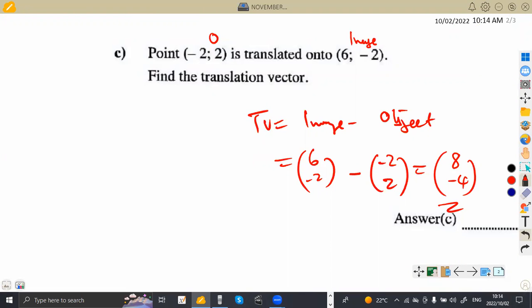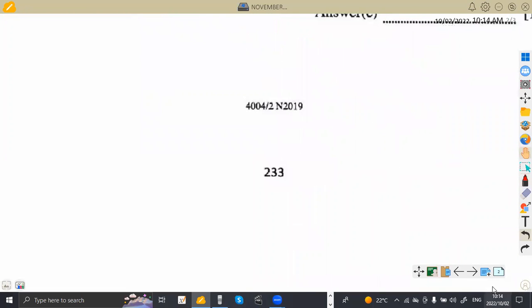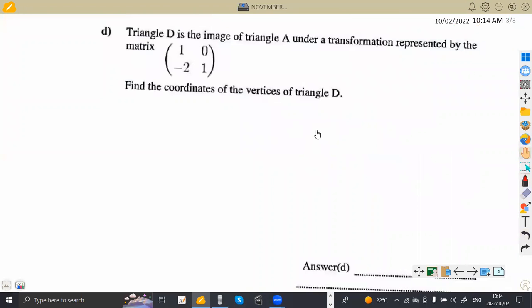All right, so let's see the other part there. After that, what is the question? Triangle D, the image of A under a translation represented by the matrix. Find the coordinates. No, do not draw, just find the coordinates. So what are you going to do? Matrix times object is equal to image.